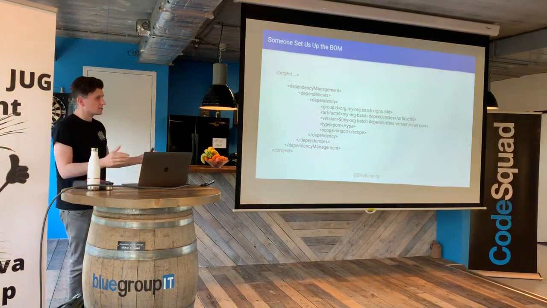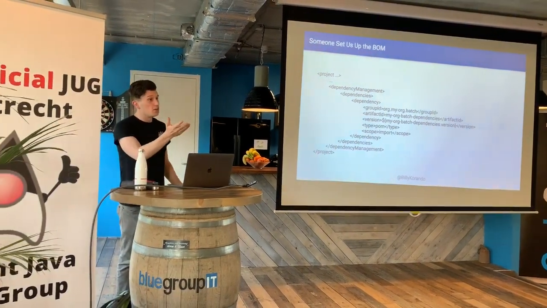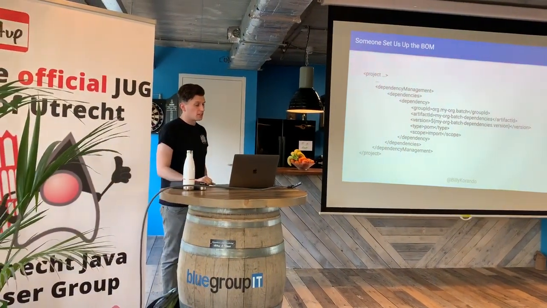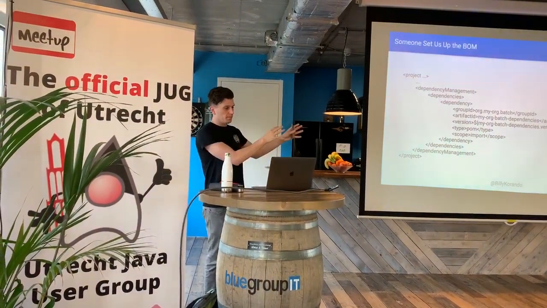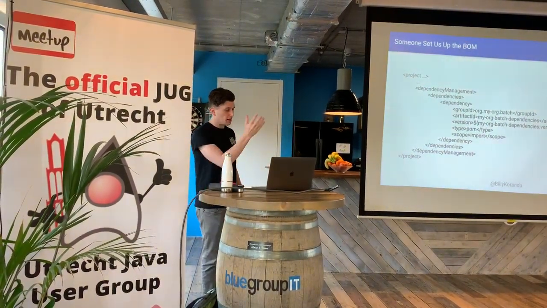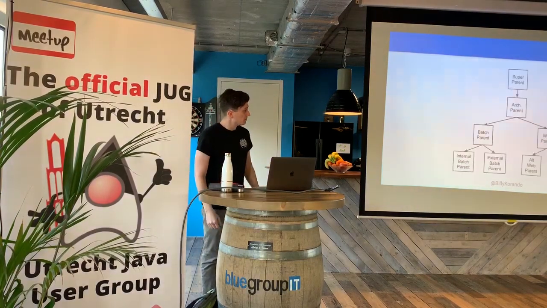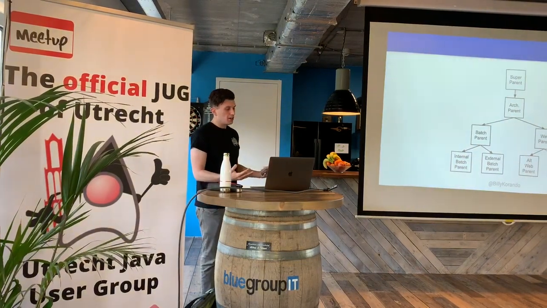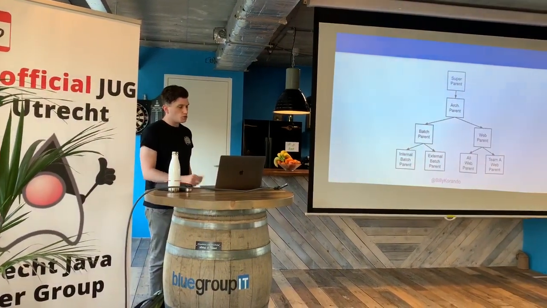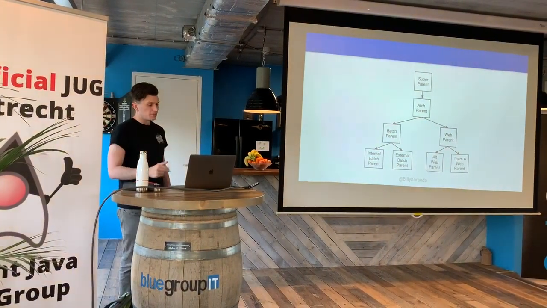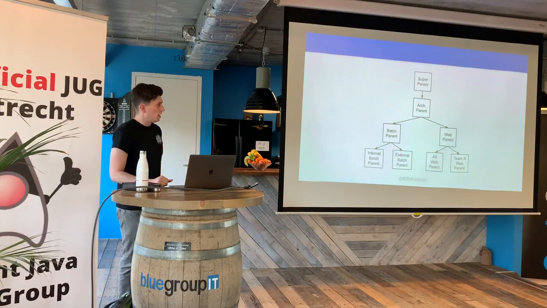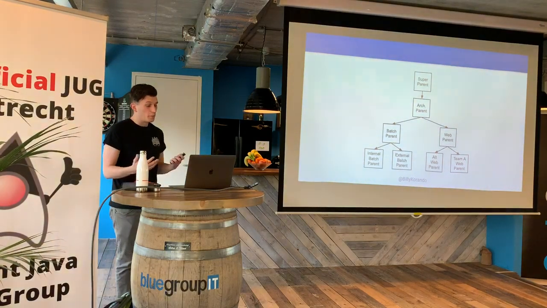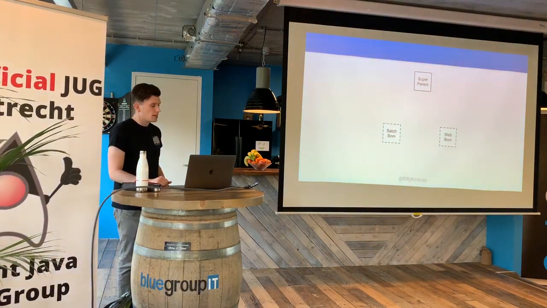Okay, this is a good question, and I do get to that point of answering it. But yeah, setting up these dependency management, what you can do then is by using BOMs instead, you can break up, you don't have to have such a hierarchical dependency between all these projects.